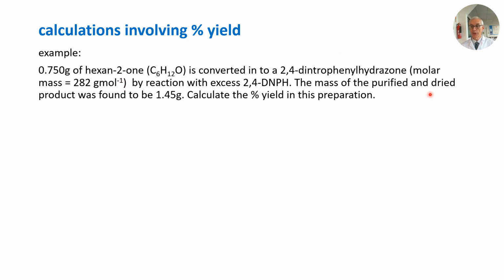The mass of the purified and dried product was found to be 1.45 grams. So the question is, calculate the percentage yield in this preparation. Pause the lesson, calculate the percentage yield, and then come back to check against my model calculation.